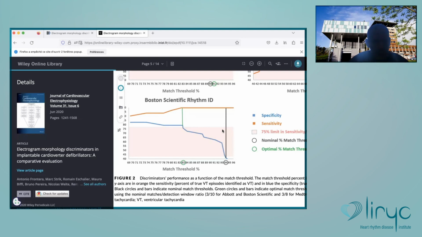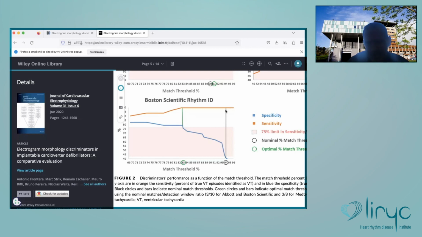And the point is that you want to have something as close as possible to 100% of sensitivity. If you decrease the number to 83%, you still have 100% of sensitivity, but the specificity was considerably improved, close to 80% and close to all the other competitors.